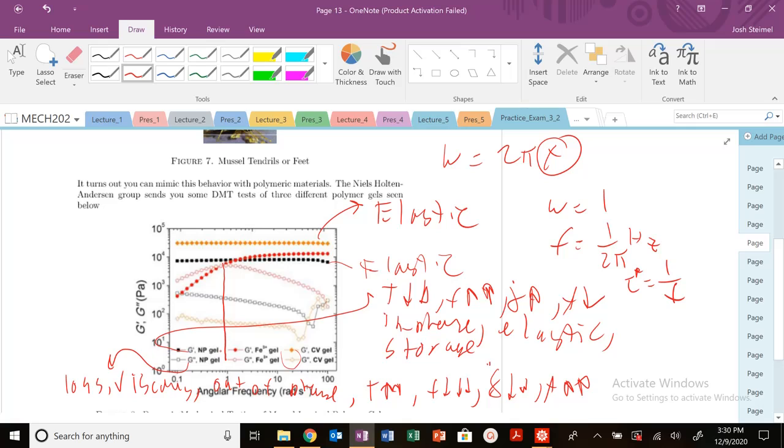But for times on this side, we're going to behave viscous, and on this side, like an elastic solid. For frequencies lower than 1 over 2 pi, we are going to behave like a viscous fluid, so very large times. You just do that inverse relationship. But for smaller times, as we increase frequency, we're going to behave like an elastic solid.